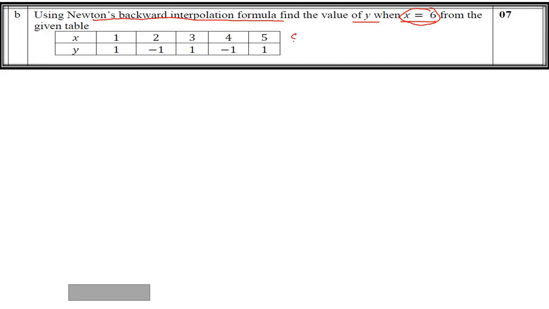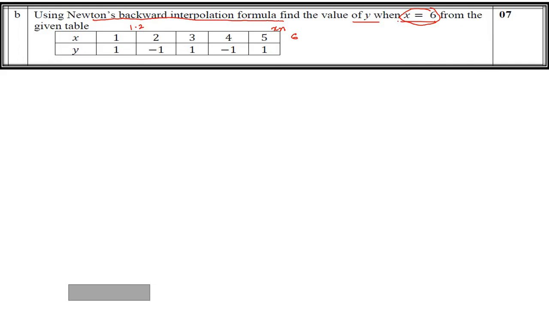So here, as this value is nearest to xn, we are going with backward interpolation. If they ask for 1.1 or 1.2 or 2.1, you will go with the forward interpolation method. So now, they have asked for x equal to 6, you can go with the backward interpolation form.